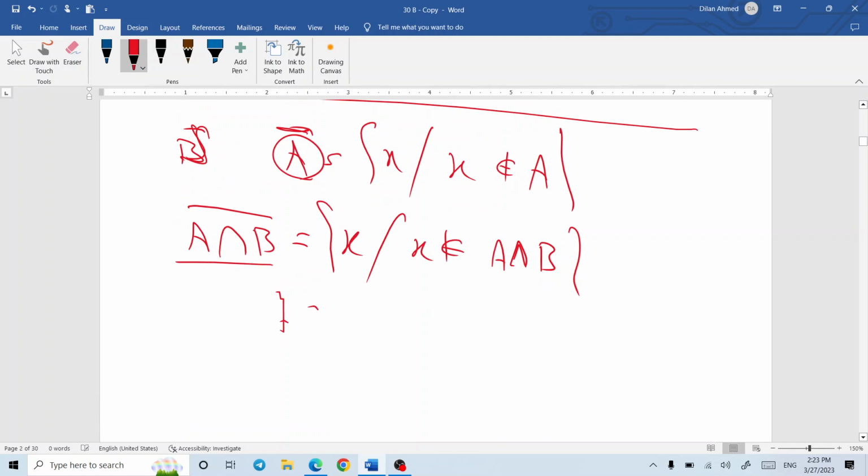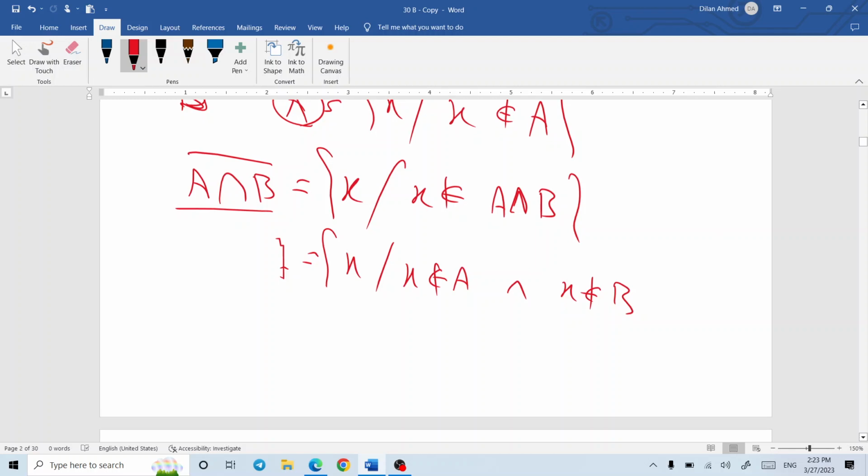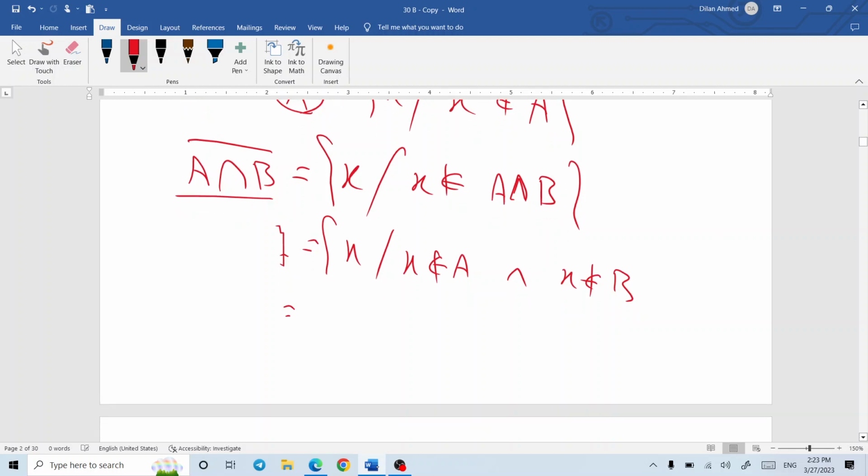Then we say x does not belong to A, and x does not belong to B. Am I right? Because you have an "and", it does not belong to all of them. Now, take a negation. I say not, or sorry, not "or" between them. Or you can use another step, taking the negation outside.